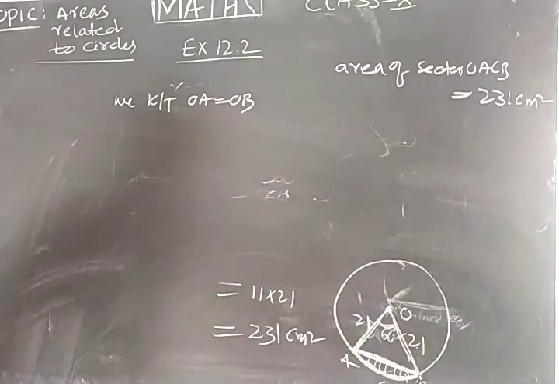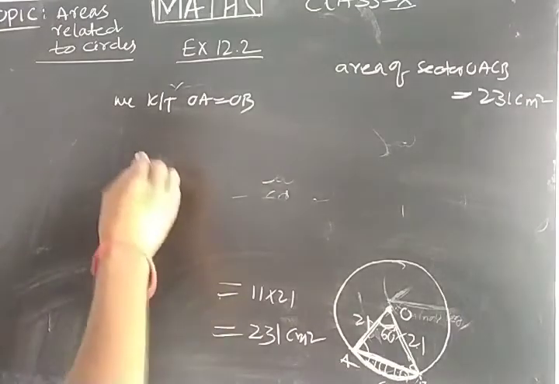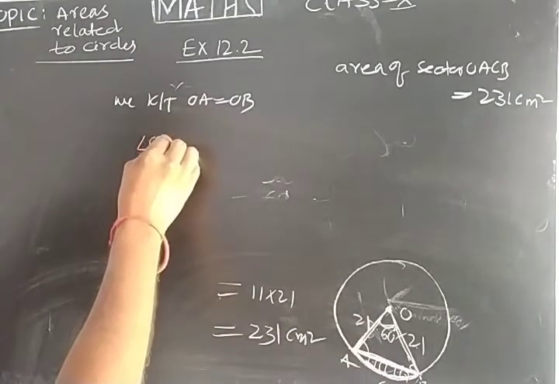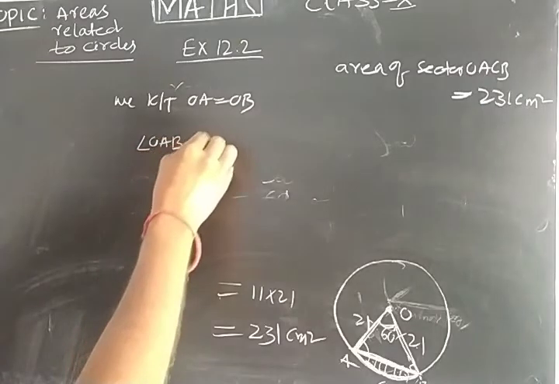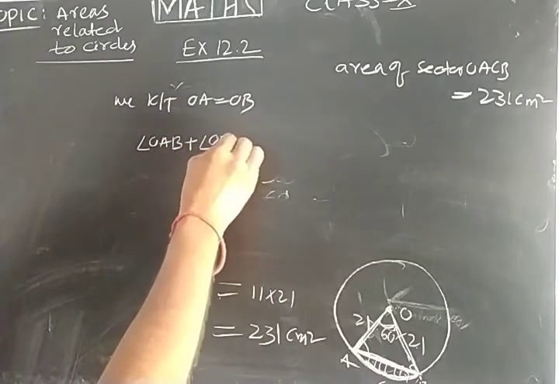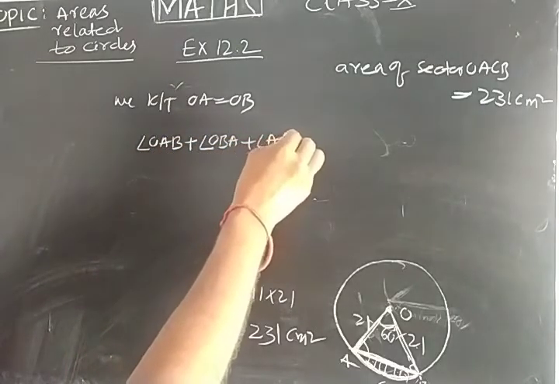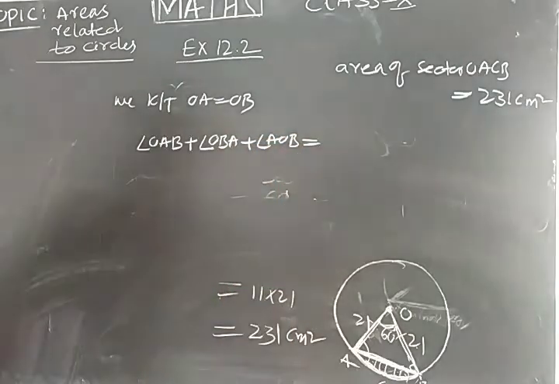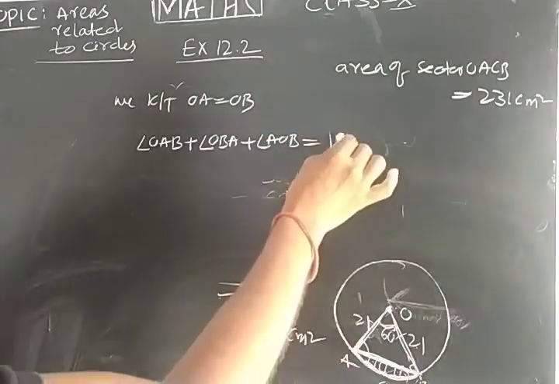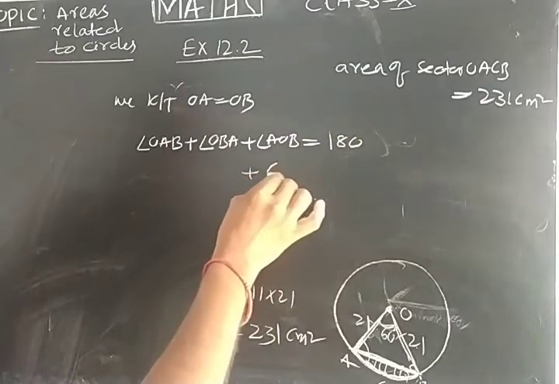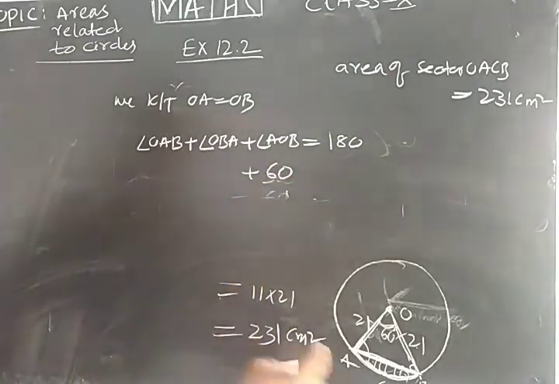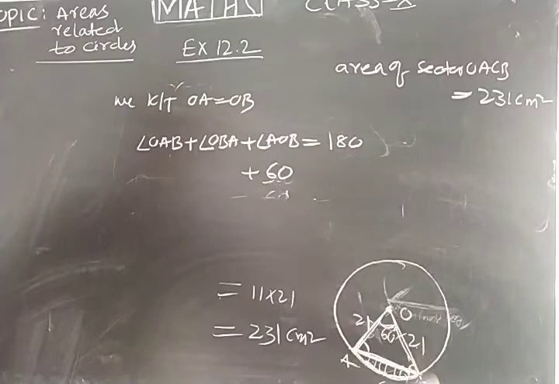So this is an isosceles triangle, and these two angles are equal. The sum of the three angles in a triangle is 180. Angle AOB is given as 60 degrees, and angle OAB equals angle OBA because OA and OB are equal.